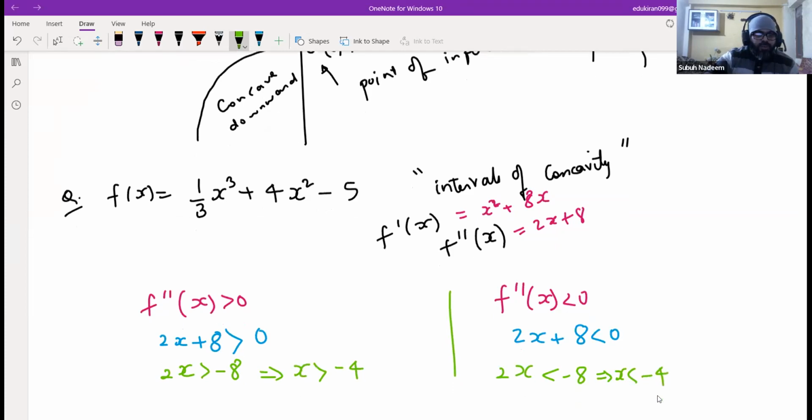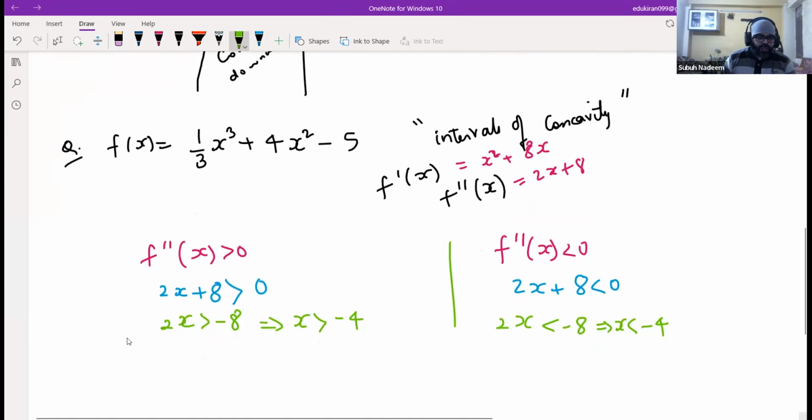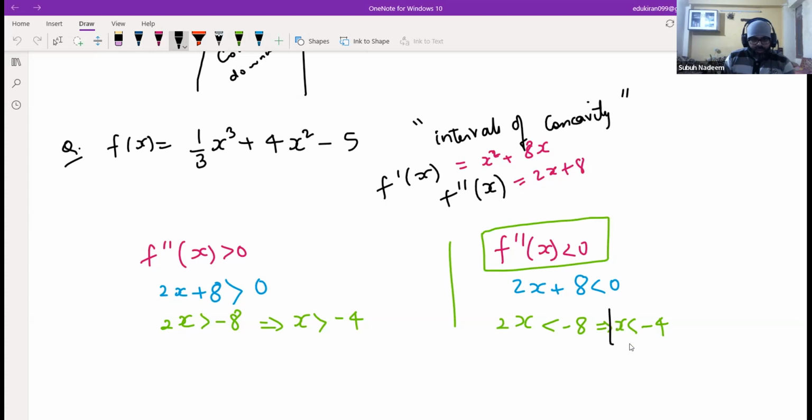So what we observe for the intervals of concavity is, if the double derivative f''(x) is less than 0, in which interval is it less than 0? In the interval x less than minus 4.